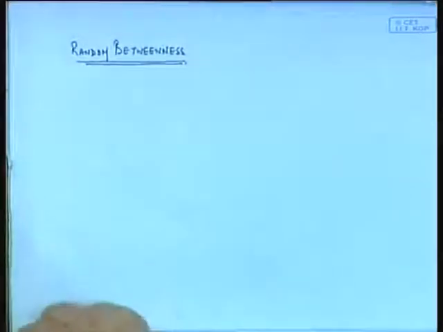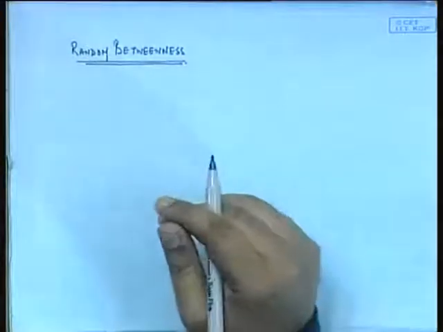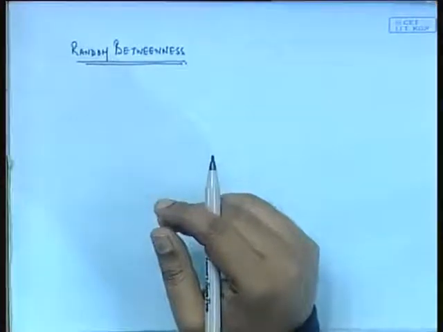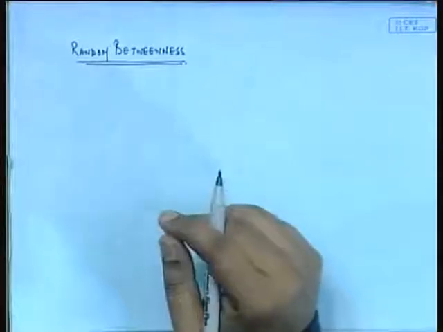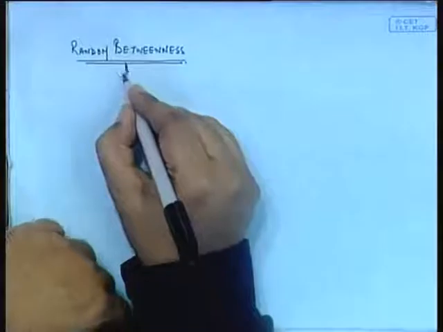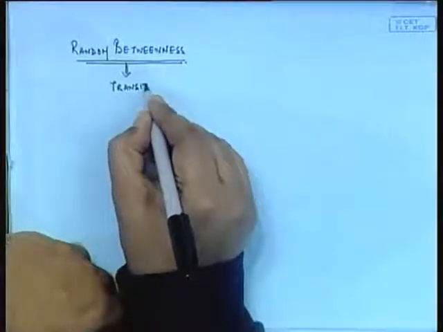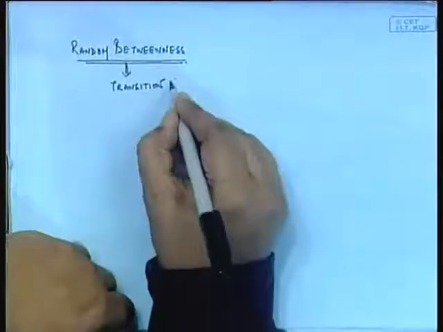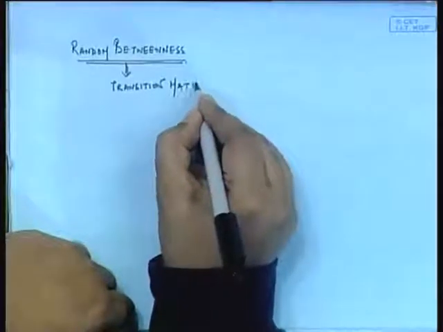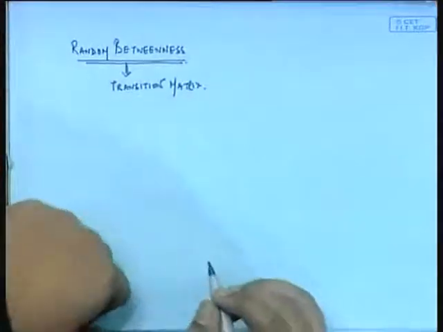So when we go for random betweenness, what is the thing which we have to see? The transition matrix. Okay. So we try to see the transition matrix.